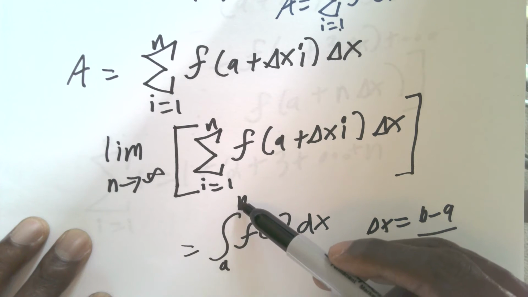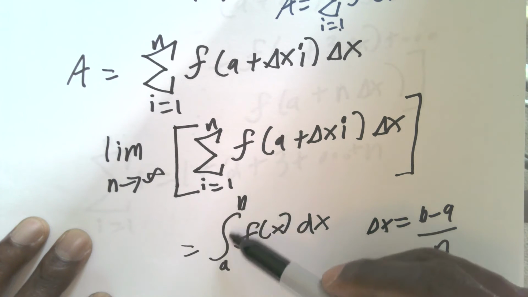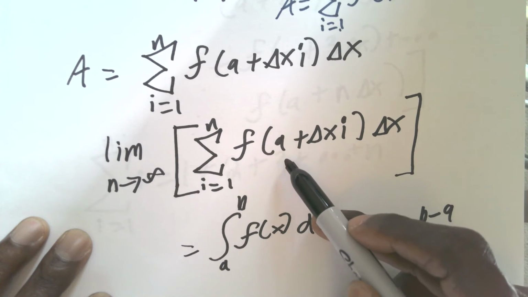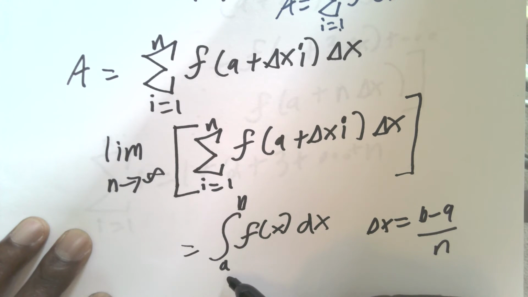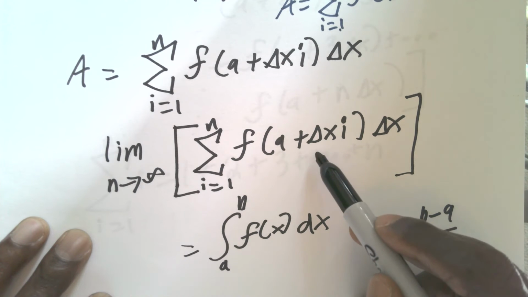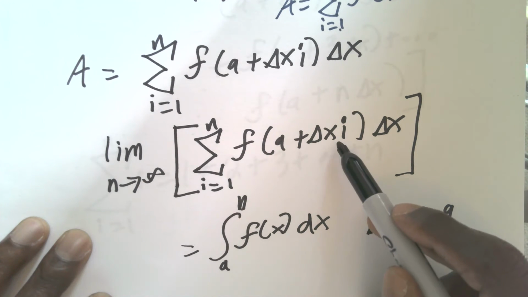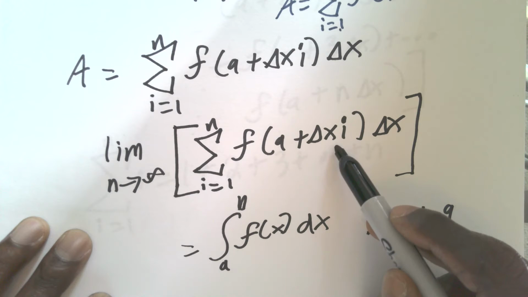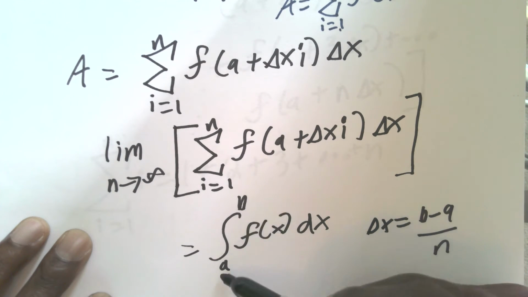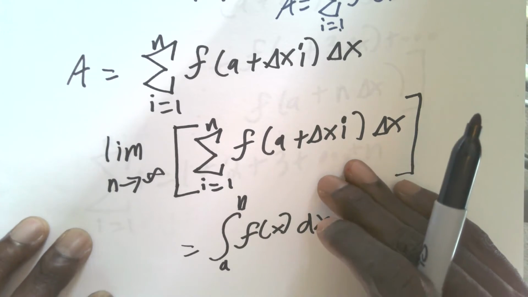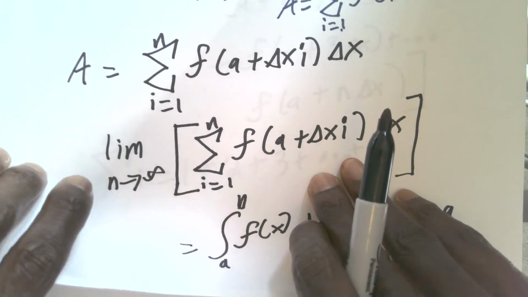And the a that's here better be the same a that's here. And of course, this delta x_i, which will be delta x_k on the problems, better be the same delta x from taking the difference of these two over n. All right, so let's go back to the problem.